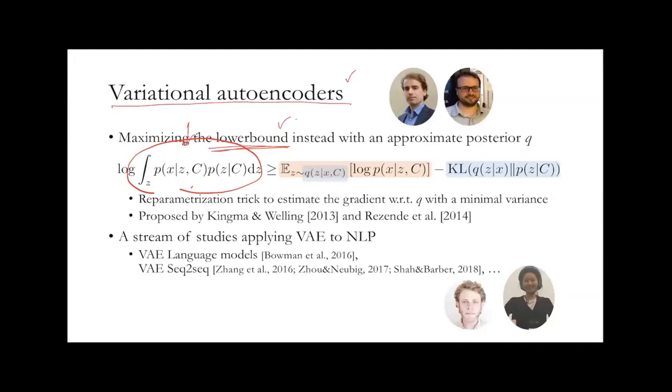So instead, we try to maximize the lower bound to this log marginal probability. The lower bound turned out to be more readily computable using a stochastic approximation. That was proposed by Diederik Kingma and Max Welling, as well as Danilo Rezende at Google DeepMind, in 2013 and 2014. It has been used for natural language processing earlier, but none of them were that successful.